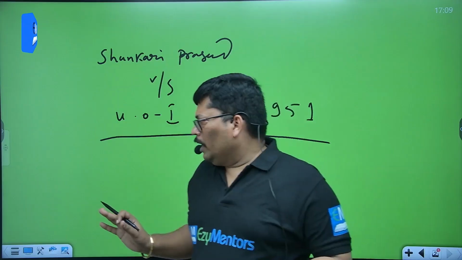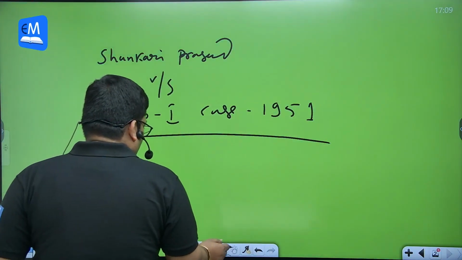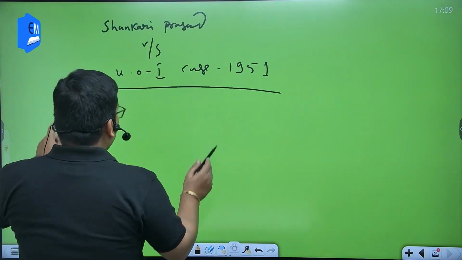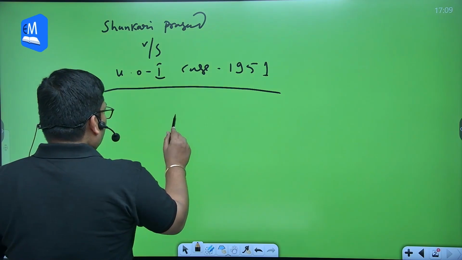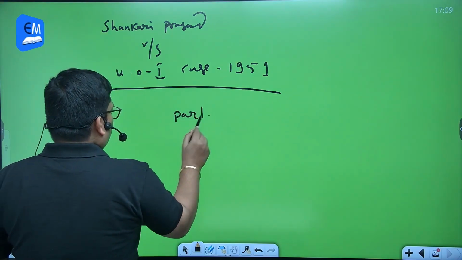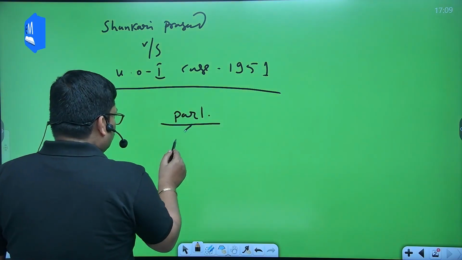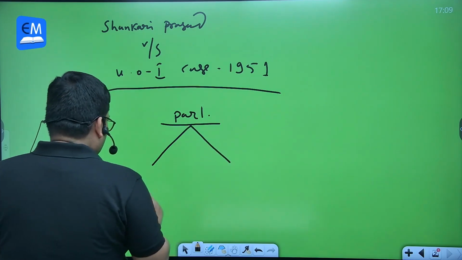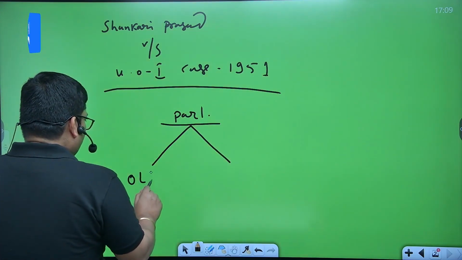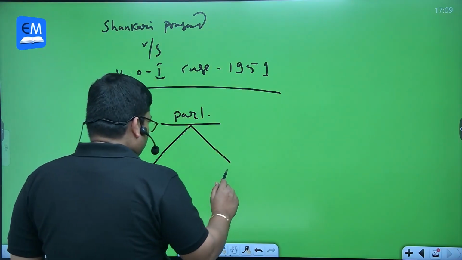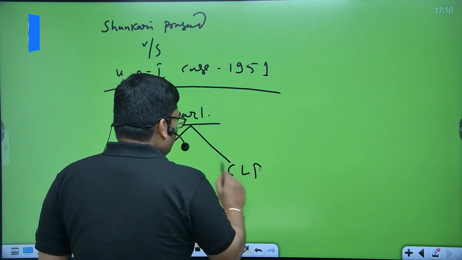And the Supreme Court stated that the Indian Parliament enjoys two sets of power. One is the ordinary legislative power, and the other is the constituent legislative power.